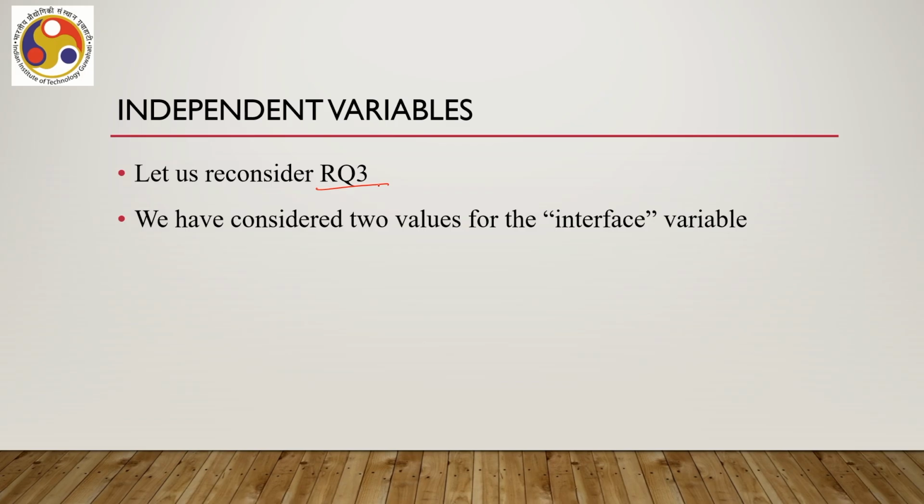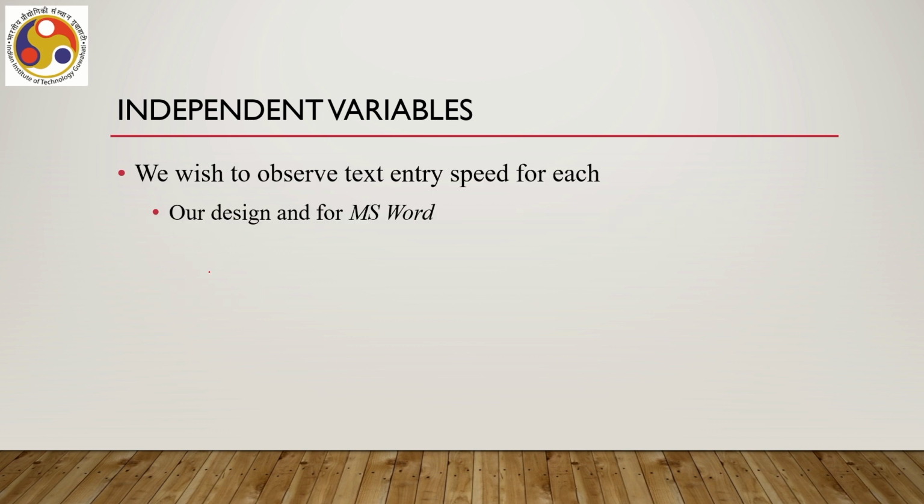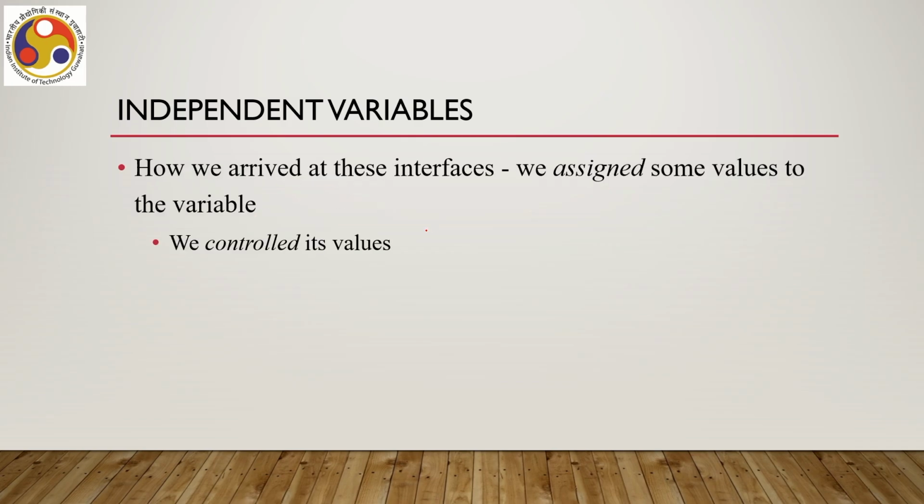Now, let us move to the second stage, that is variables identification. Let us reconsider research question 3. We have considered two values for the interface variable, our design and MS Word. Now, we wish to observe the text entry speed for each, our design and MS Word.